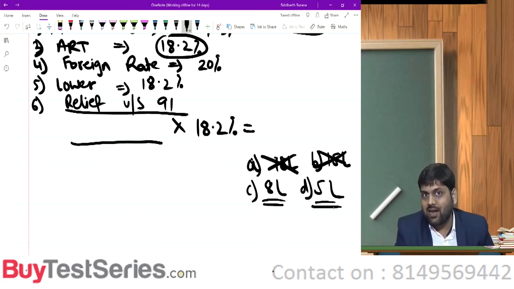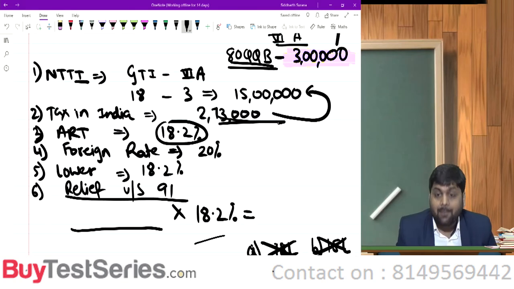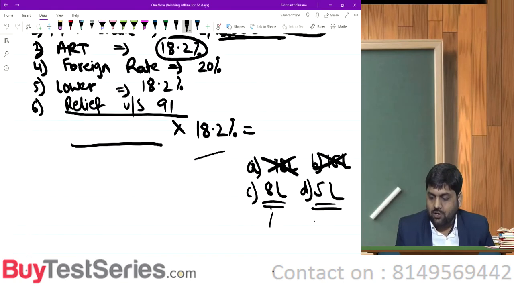But I have not done it that way. I have taken this as an option, calculated relief at 18.2%. And in both those options, I have calculated the final tax liability. So the tax in India, 2,73,000 minus relief on 8 lakh or relief on 5 lakh. Totally 4 options. Only one of them is the correct option.